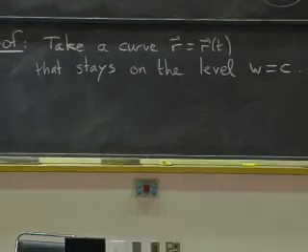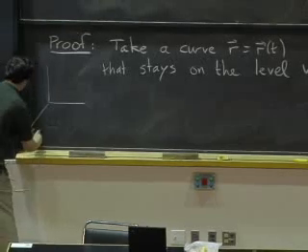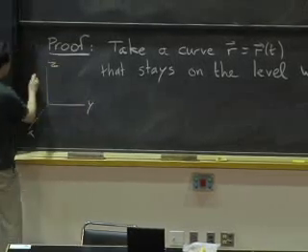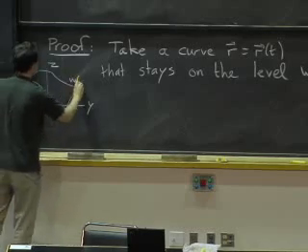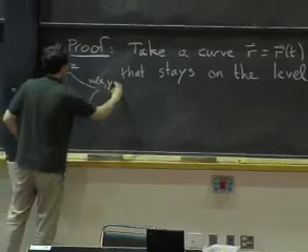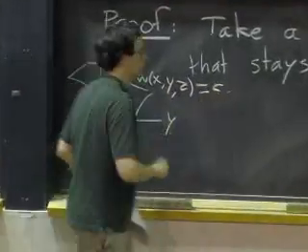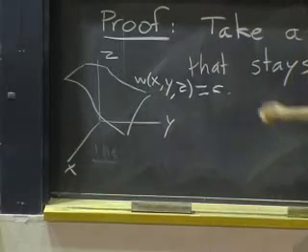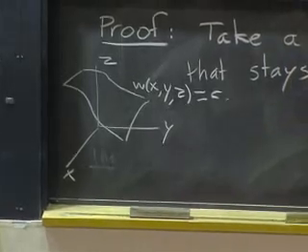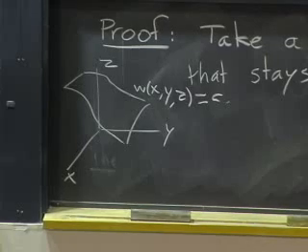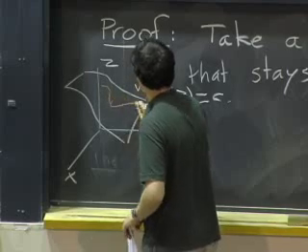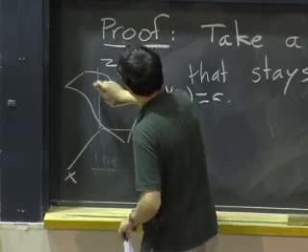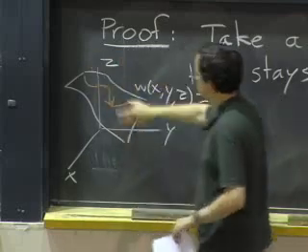Just to get you used to this idea, I'm going to draw a level surface of a function of three variables. It's some surface given by the equation w of x, y, z equals some constant c. And now I'm going to have a point on that, and it's going to move on that surface. So I will have a parametric curve that lives on this surface.